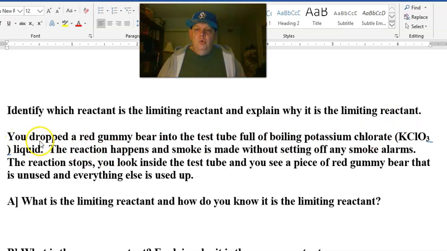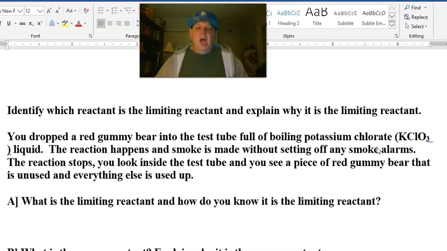You dropped a red gummy bear into a test tube full of boiling potassium chlorate. That's KClO3 liquid. It comes as a powder normally. You heat it up, it becomes a liquid because it melts and kind of boils too. It's a really cool reaction. The reaction happens and smoke is made without setting off any smoke alarms, unlike what happened to me some years ago.